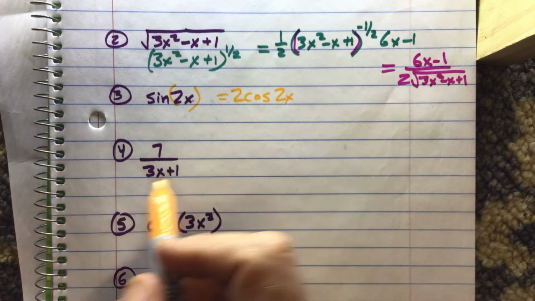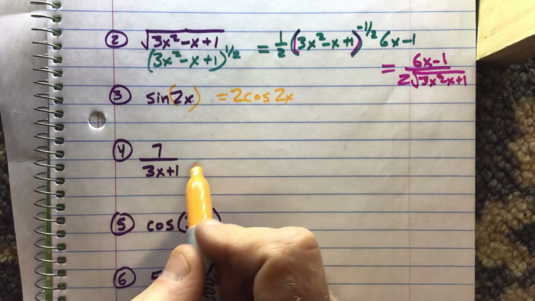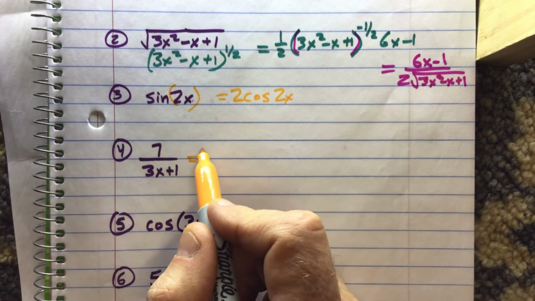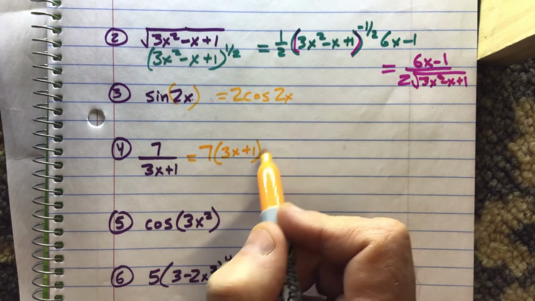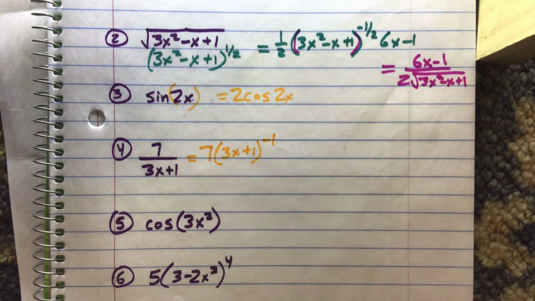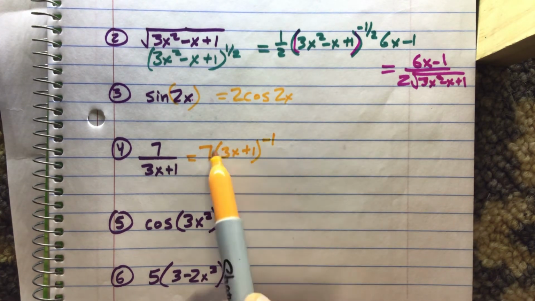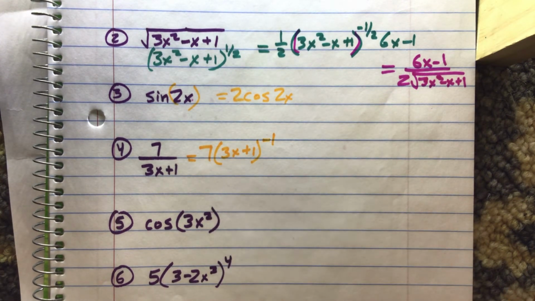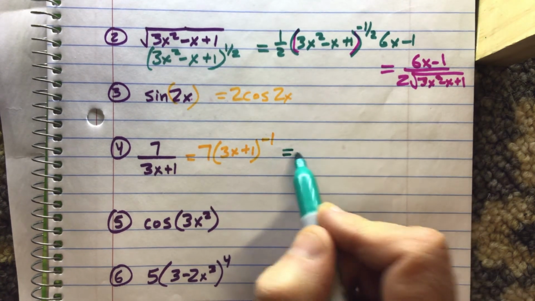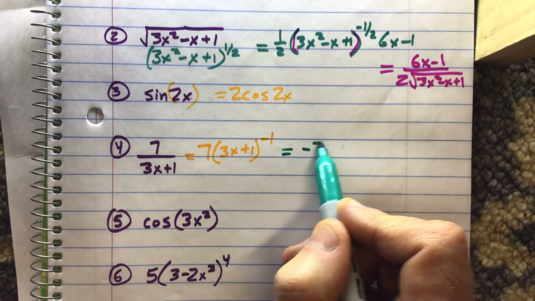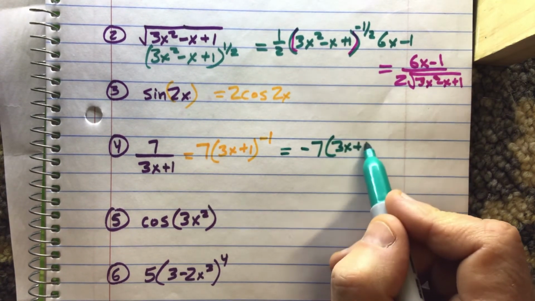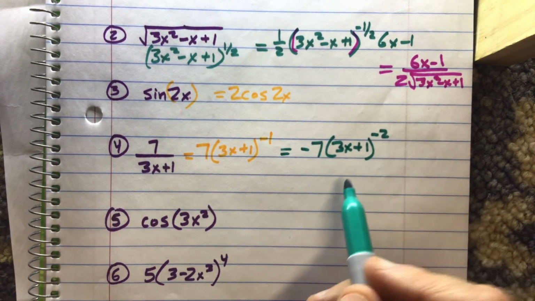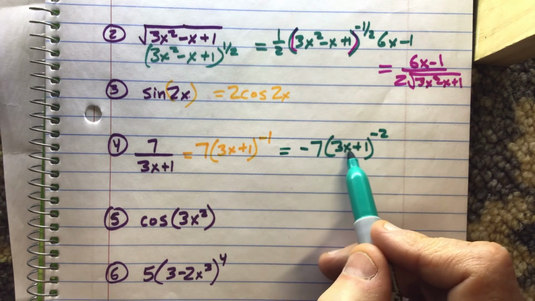Okay, this one can get rewritten. So that looks like 7 times 3x plus 1 to the negative 1. Now you can see that you have an outermost where you can take the derivative, and then the innermost here. So that will equal, when I take the derivative, negative 7, because I'm multiplying times negative 1, times 3x plus 1 to the negative 2, times the derivative of the innermost, which is 3.